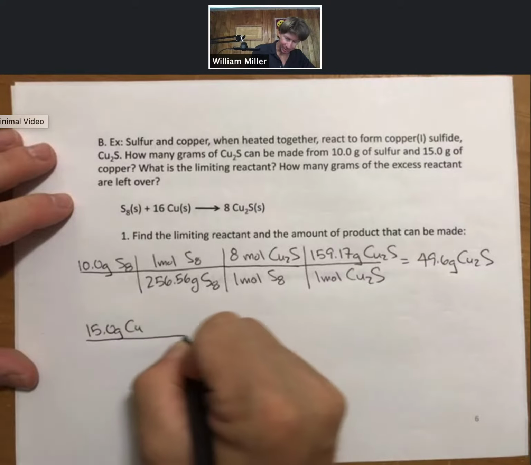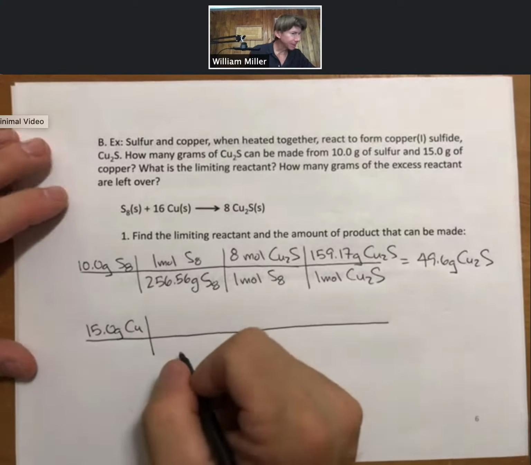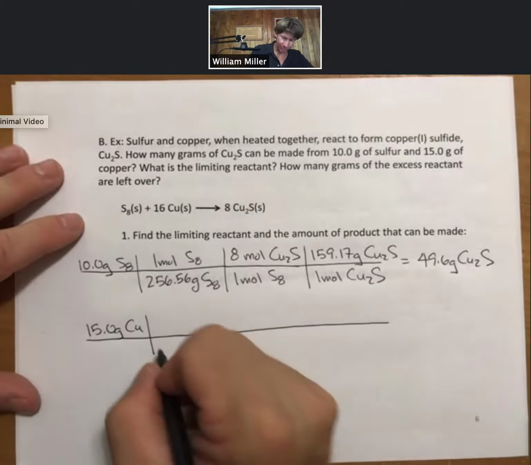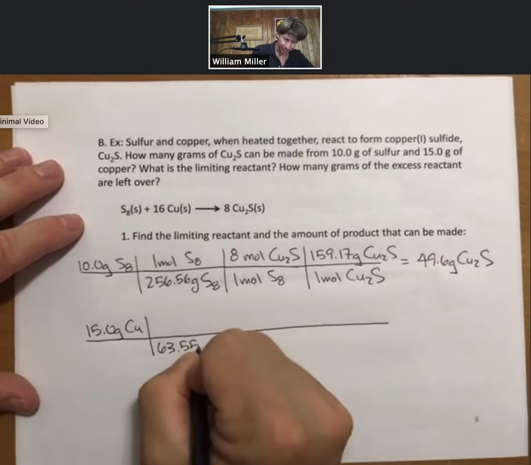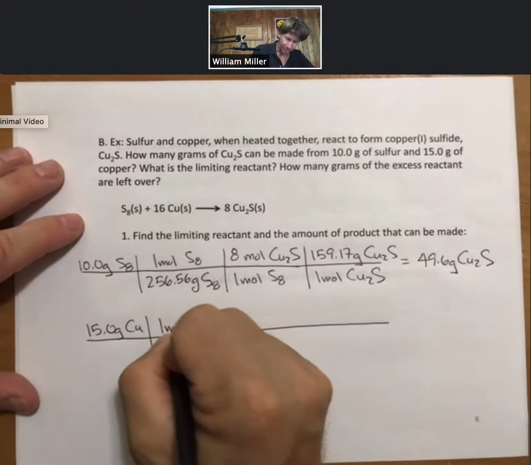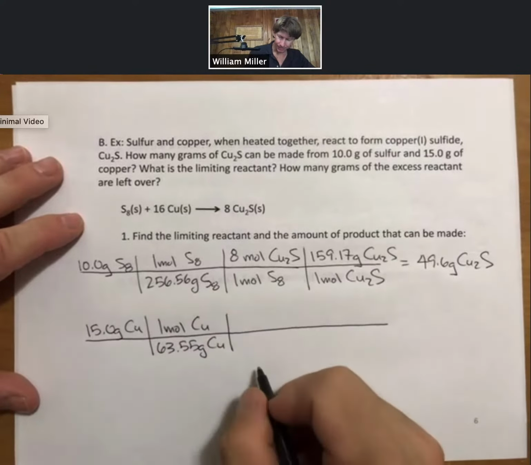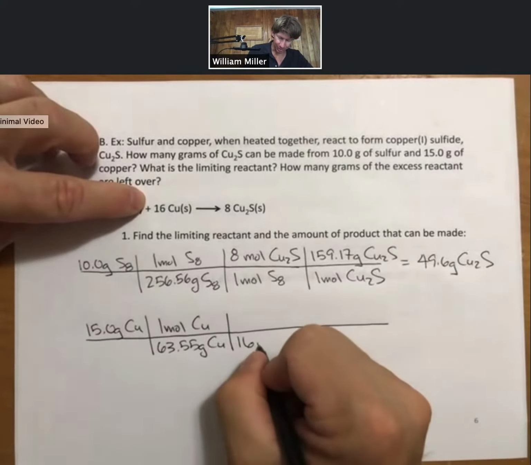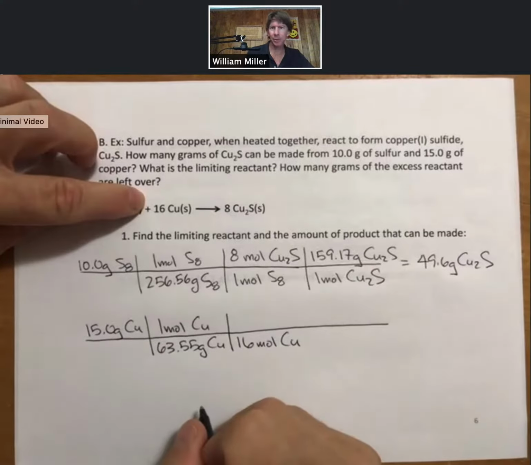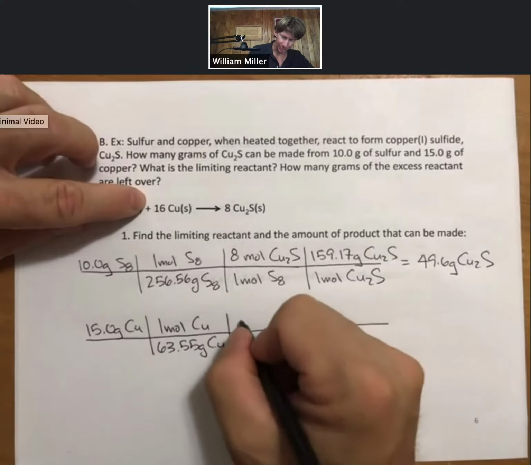Now let's start with the copper. Copper from the periodic table, 63.55 grams per mole. And this time 16 moles of copper are necessary to make 8 moles of copper 1 sulfide.